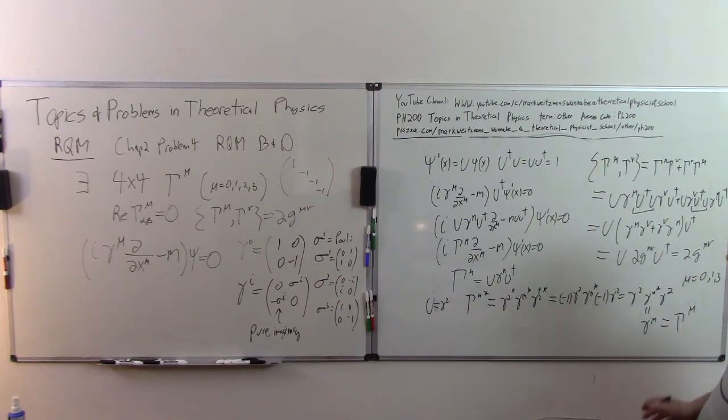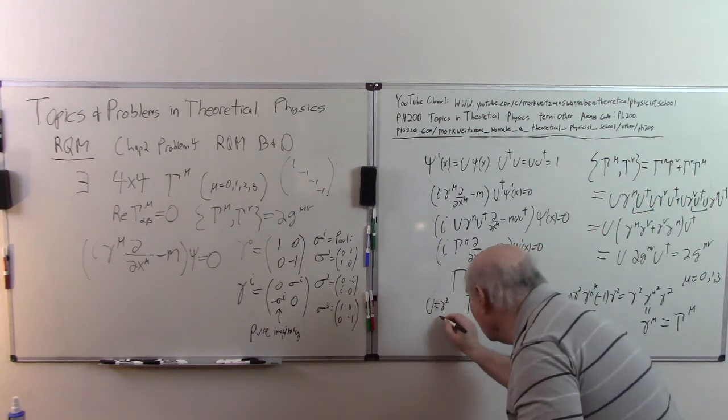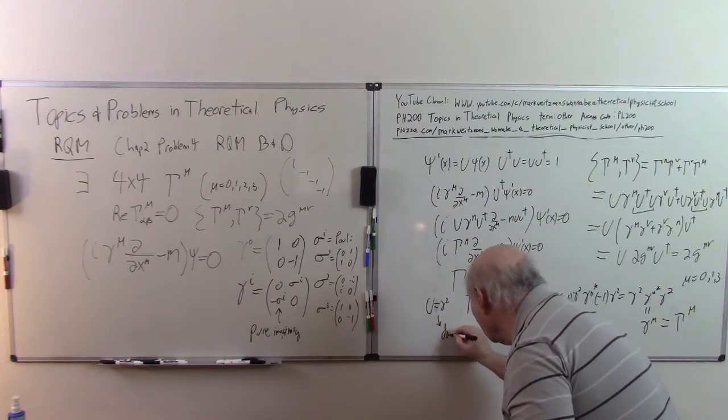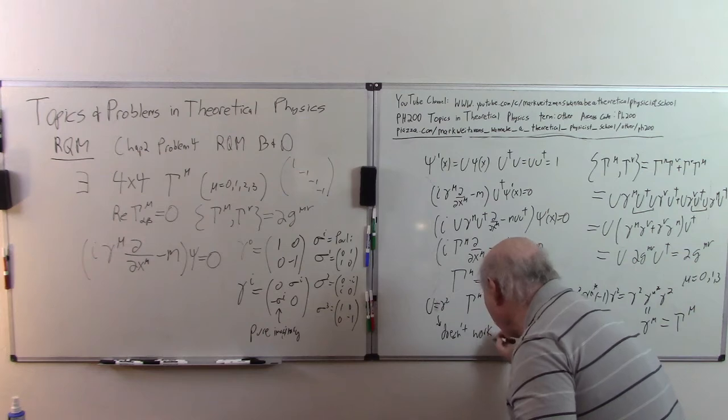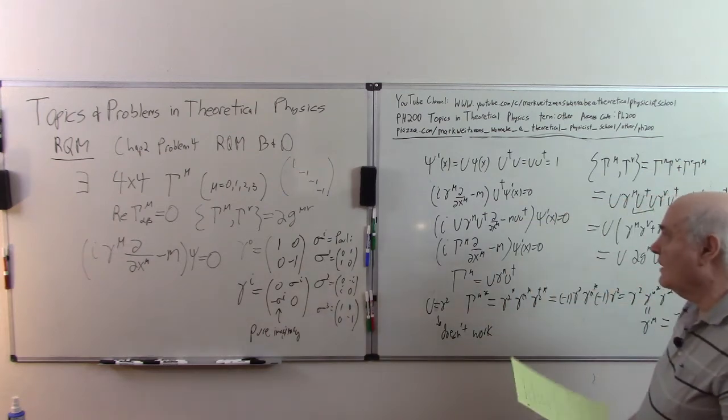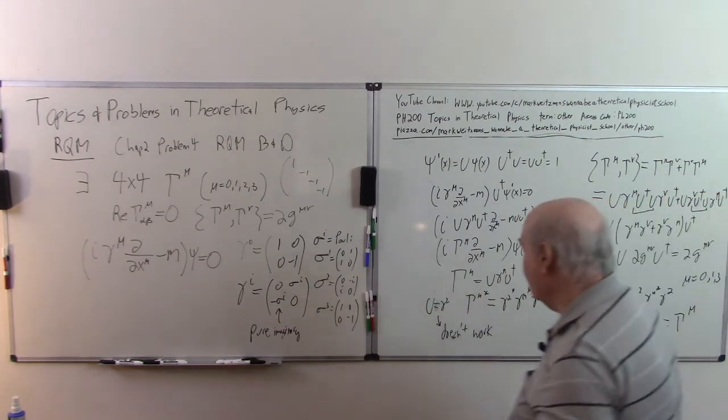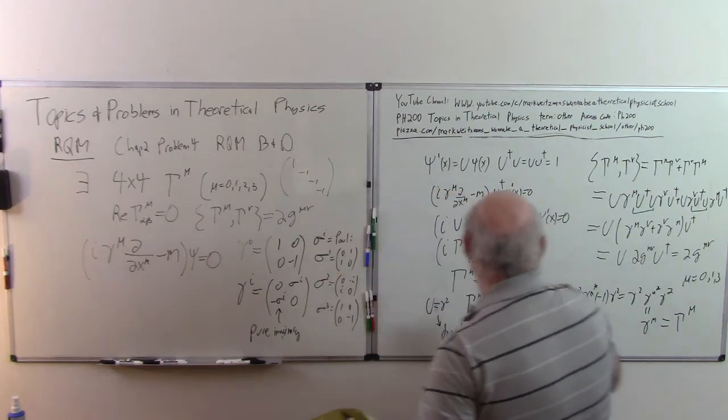That means that gamma is real, and we want gamma to be pure imaginary. So this doesn't work. But it's close. Now I'm going to show you what does work.